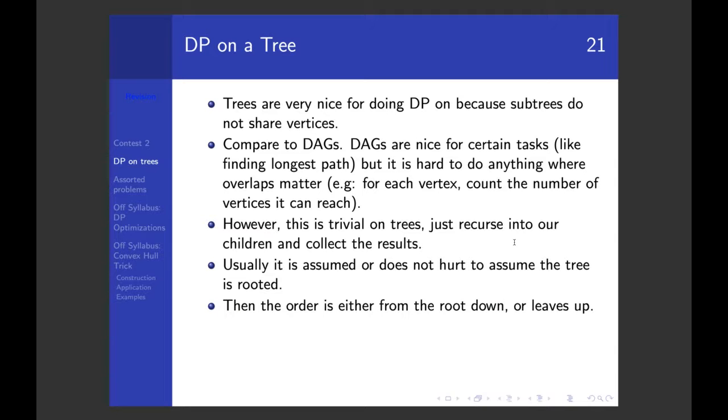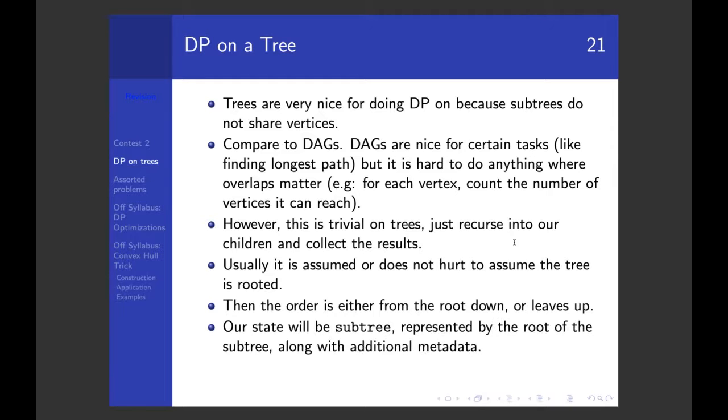And then, yeah, we can either do top down or bottom up. And our state is often the subtree. So we have some sort of tree. Our state is often given some subtree like this, and maybe some extra information to solve the problem. We represent a subtree by the root of the subtree.